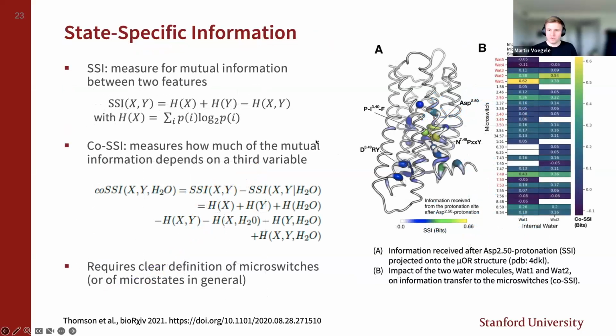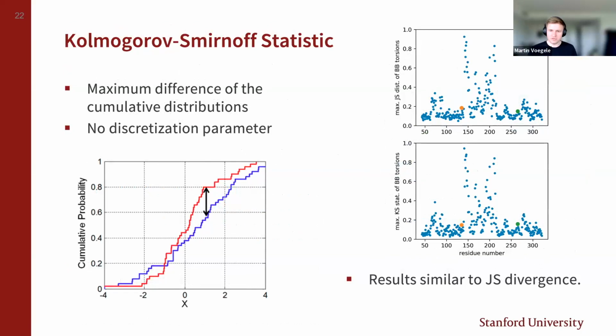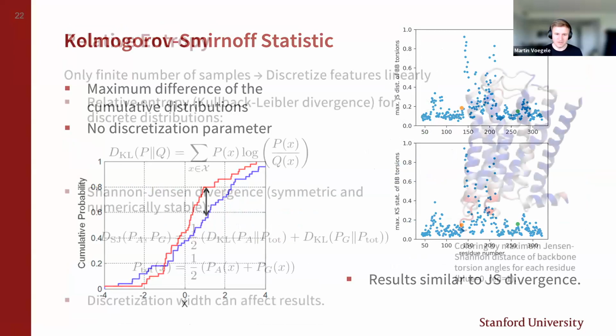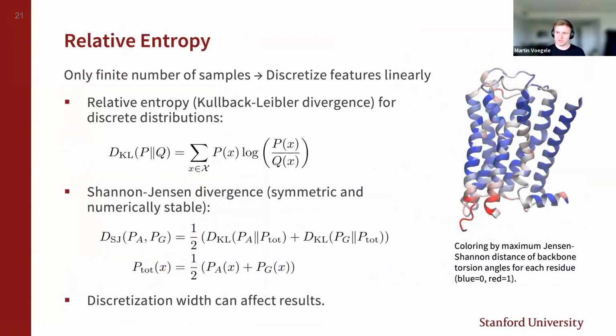Yeah. So what we do is we have two distributions for the same feature, like one in ensemble A, one in ensemble B. And then we want to know how much do they differ? Like if we have the same distribution, for example, you have a Gaussian distribution around a certain mean with a certain standard deviation. And if you have the same mean and the same standard deviation, both are Gaussian, then they are the same.